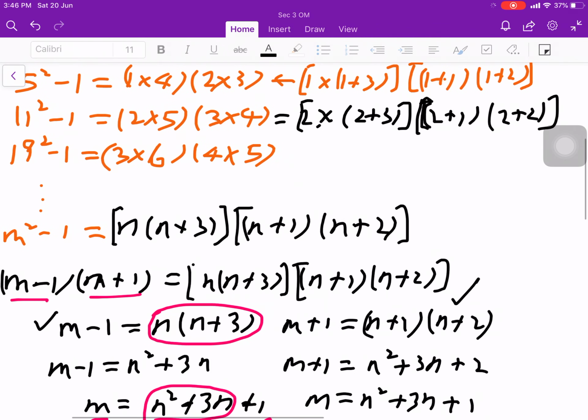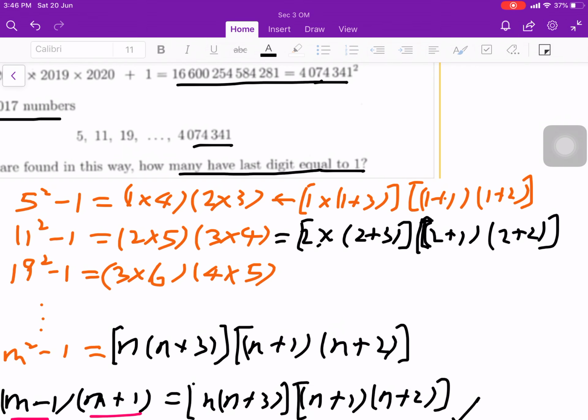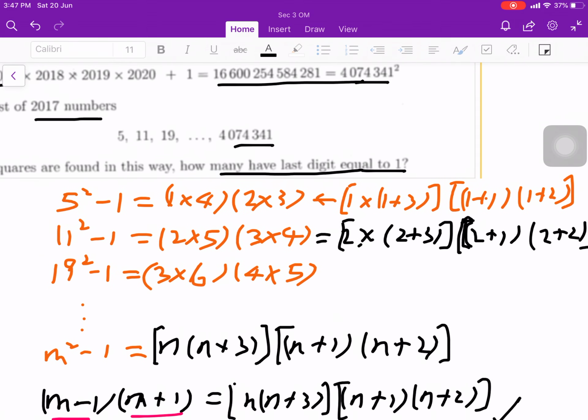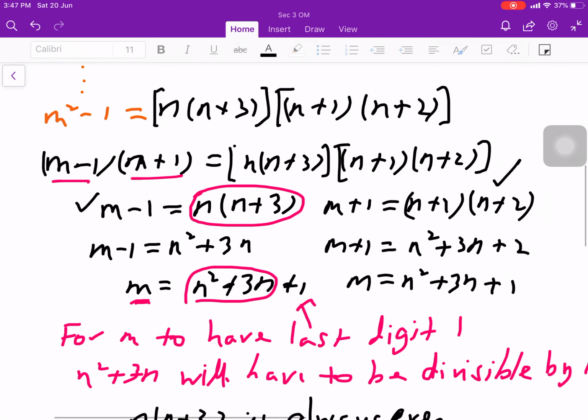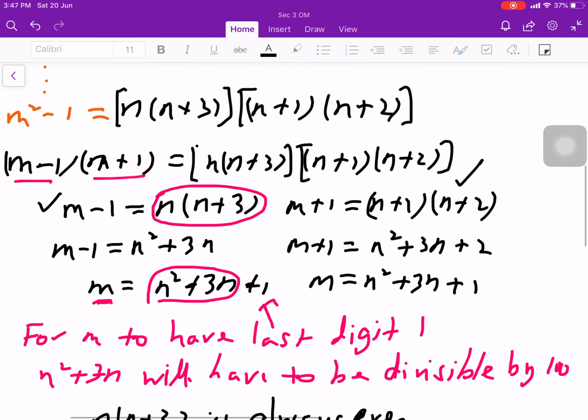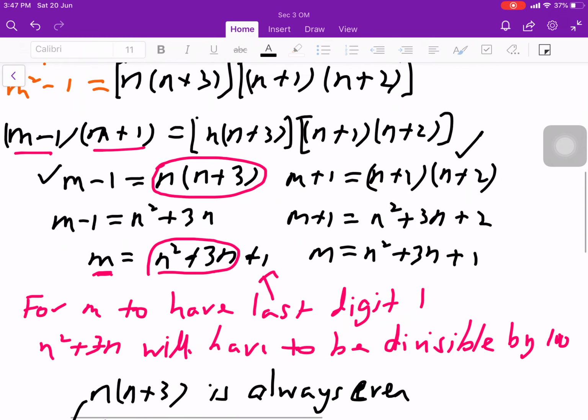The first part is the observation. We observe that m squared is equal to n times n plus 3, and then n plus 1 times n plus 2. After that, we deduce that m is in fact n squared plus 3n plus 1. Then for m to have last digit 1, n squared plus 3n will have to be divisible by 10.